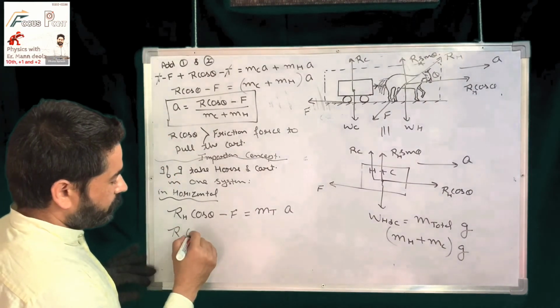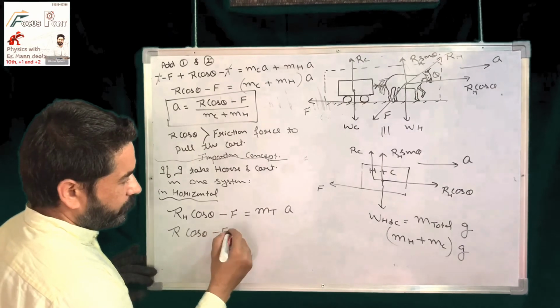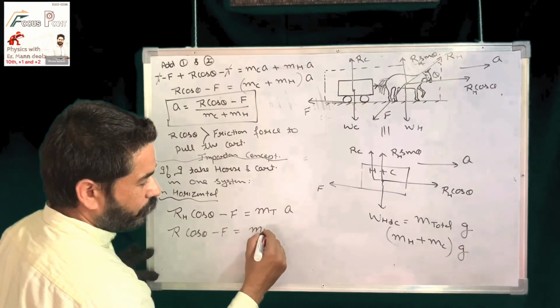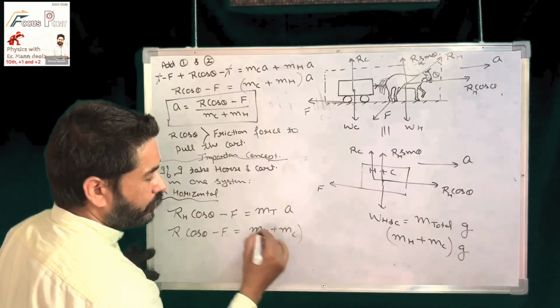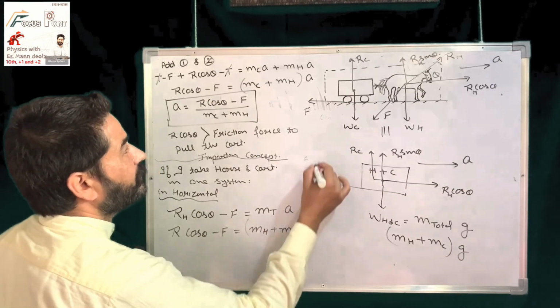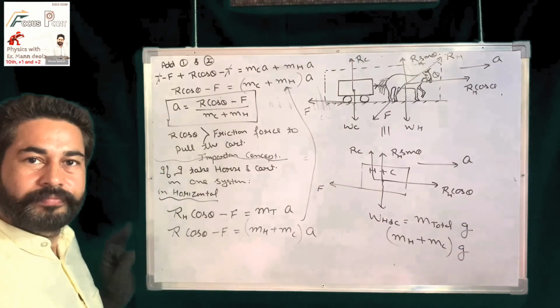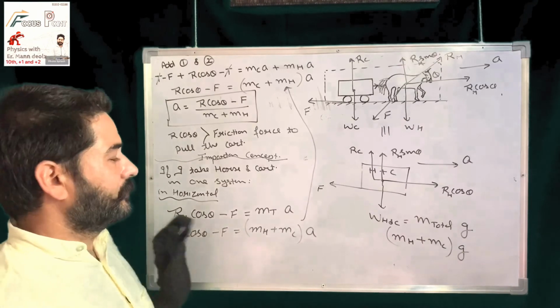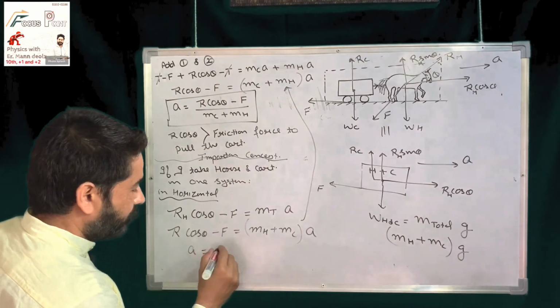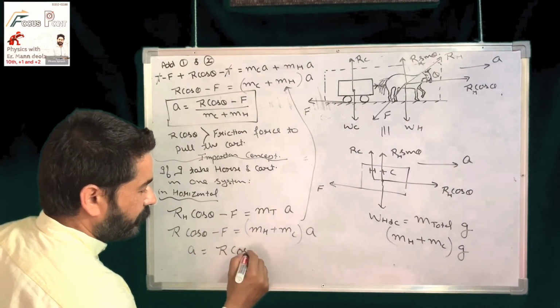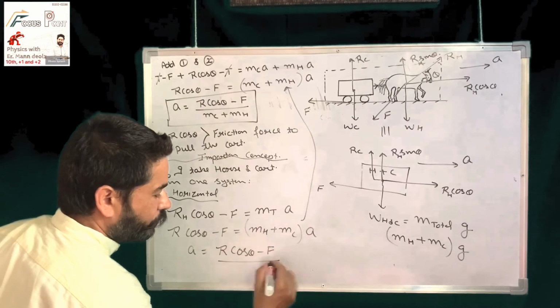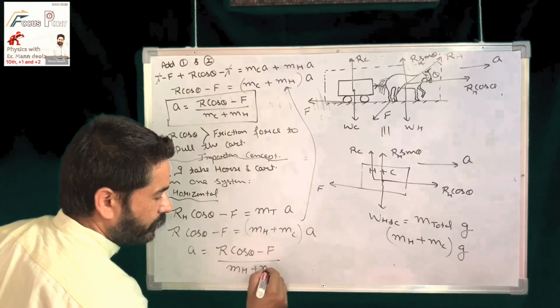So R cos theta minus friction force is equal to mass of the horse plus mass of the cart into acceleration. Is this equation similar to this? So yes. From here also acceleration will come the same: R cos theta minus friction force over mass of the horse plus mass of the cart.